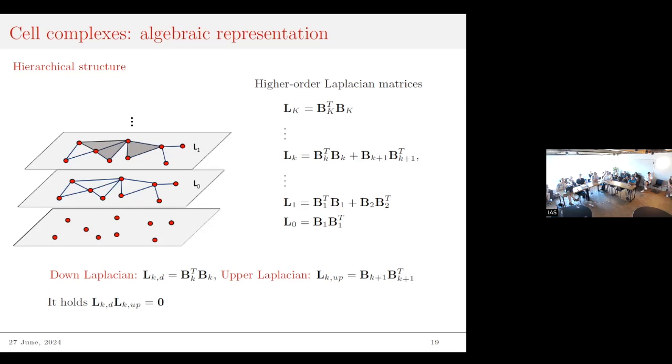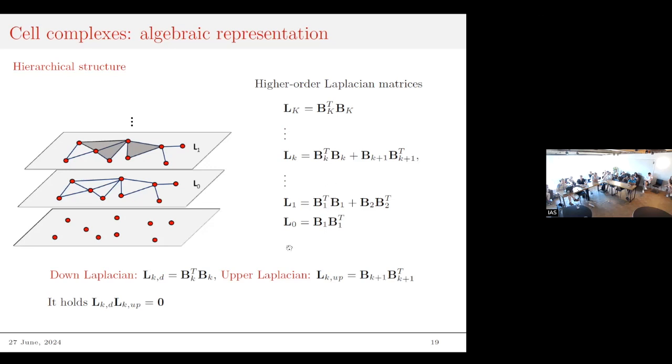So that I can represent this topology from an algebraic point of view using this operator, the first order Laplacian operator, L1, we have two parts.